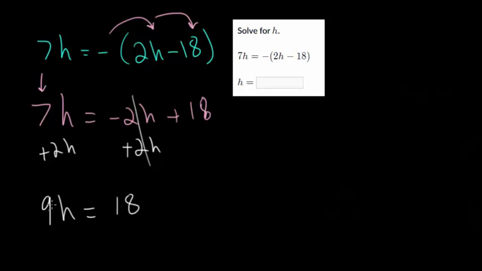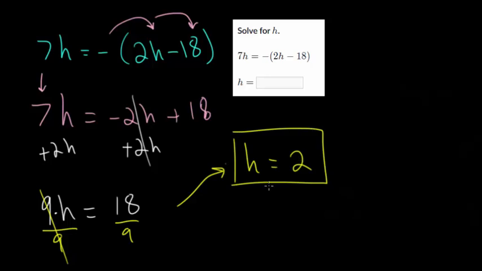And to get rid of this 9 times h, because remember, we always want just h equals something, so to get rid of that multiplication by 9, we're going to use division. So we'll divide each side by 9, because we know 9 over 9 is just 1, so they effectively cancel. And we get that h is 18 divided by 9, which is just 2. So we found a nice whole number answer.